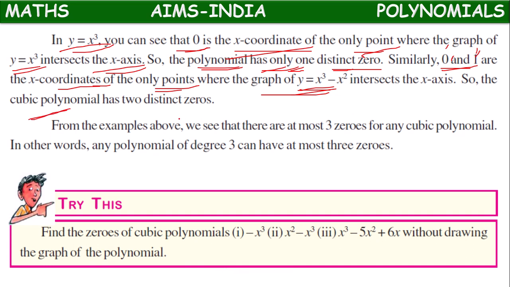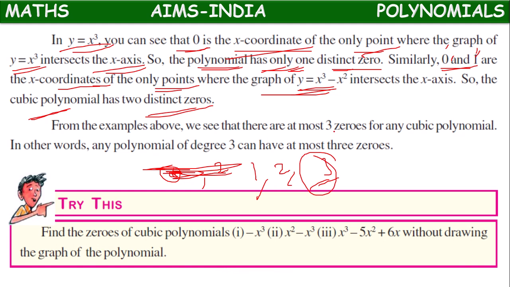So this cubic polynomial has two distinct zeros. A cubic polynomial can have 1 zero, 2 zeros, or 3 zeros. At most, it will have 3 zeros. A quadratic polynomial can have a maximum of 2 zeros, and a cubic polynomial can have a maximum of 3 zeros.